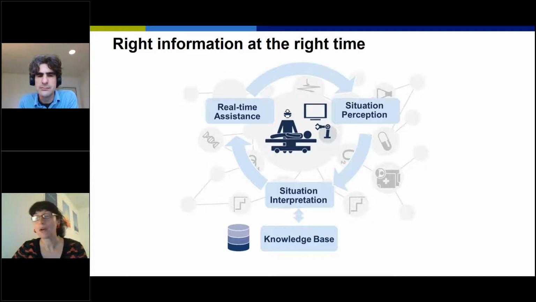So our system perceives the data, it does a situation interpretation, and depending on the phase of the operation, provides real-time assistance. So that's our vision of a modern operating theater or a modern AI assistance in surgery.